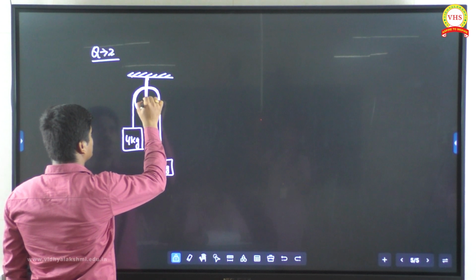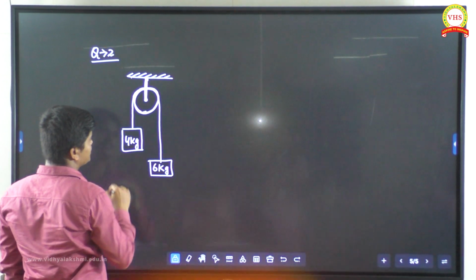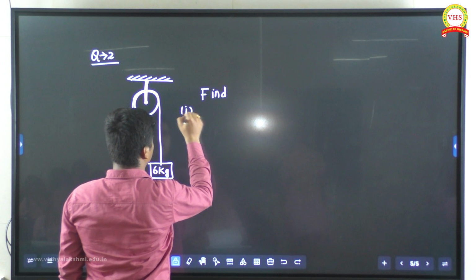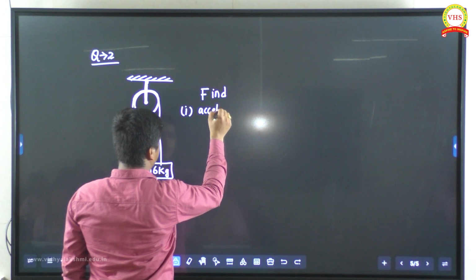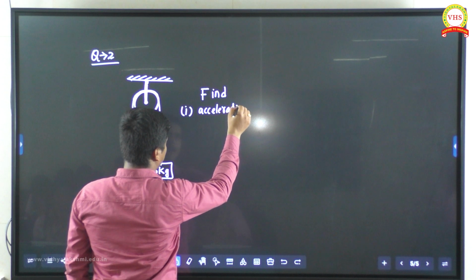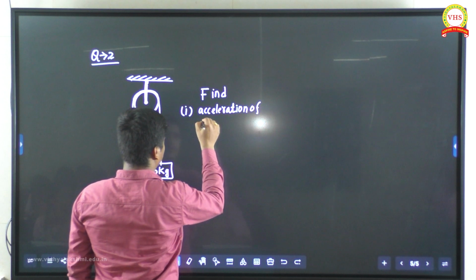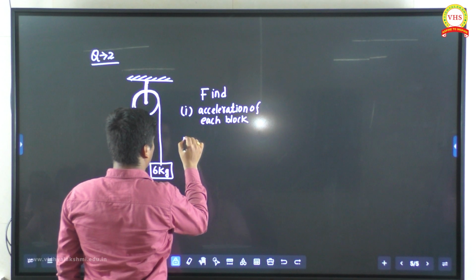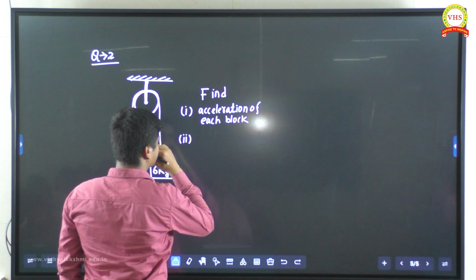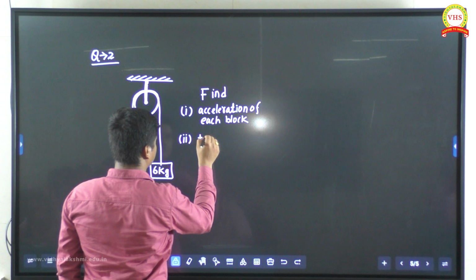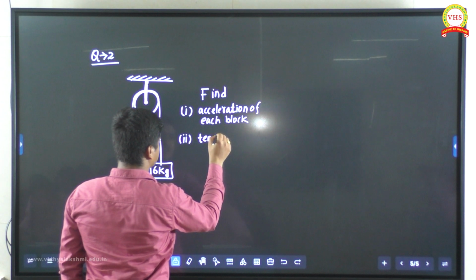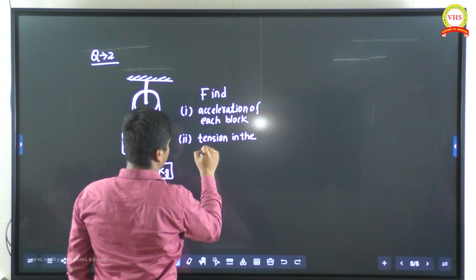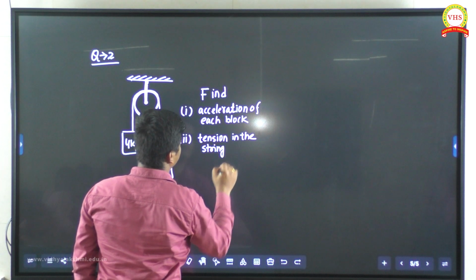Okay, so this is your pulley. Now in this system, find the acceleration of each block, or find the tension in the string.